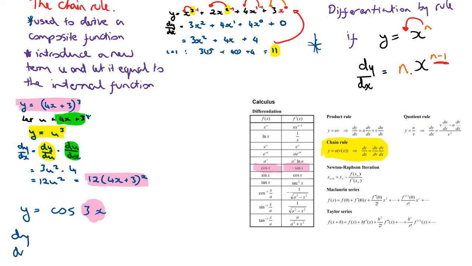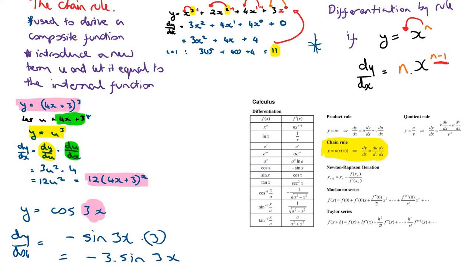So dy/dx equals minus sine of 3x times the derivative of the internal function. Well, the derivative of 3x is just 3, so it's times 3. So overall that is equal to minus 3 times the sine of 3x.